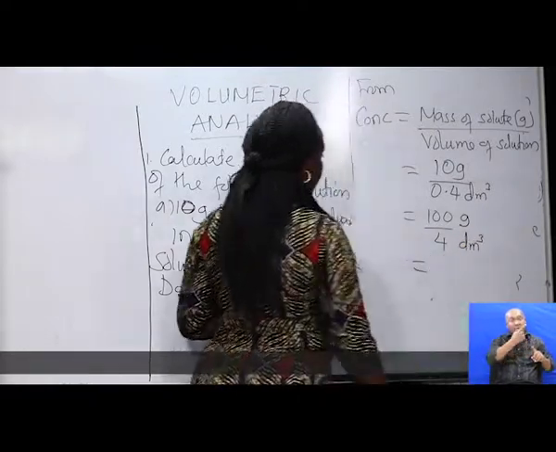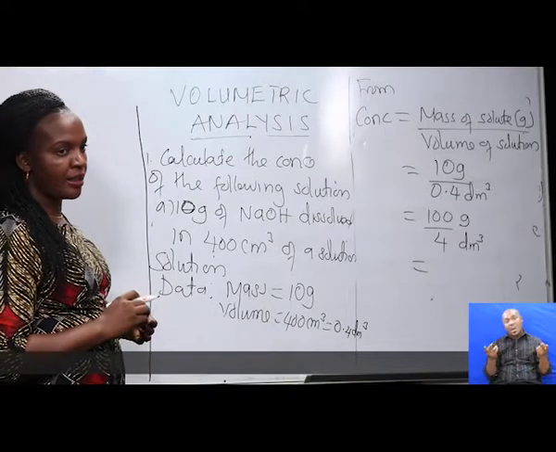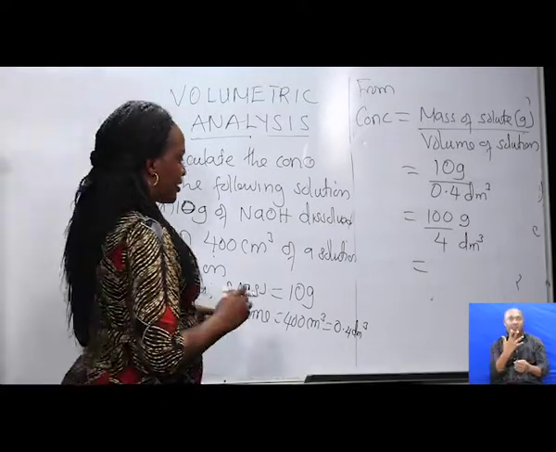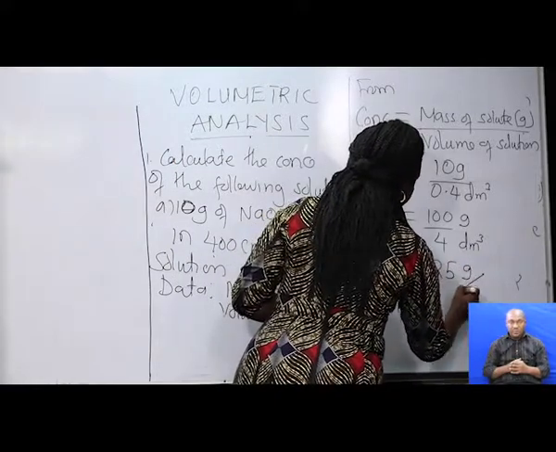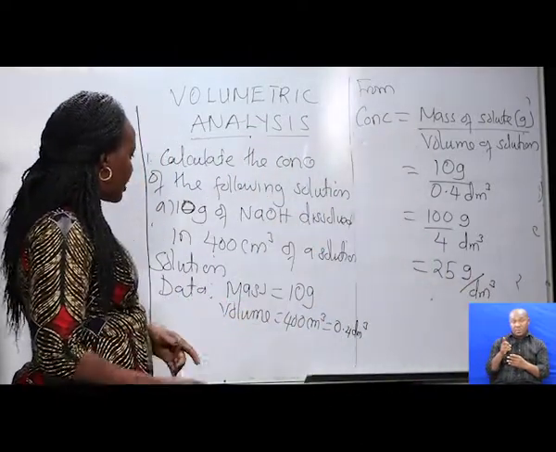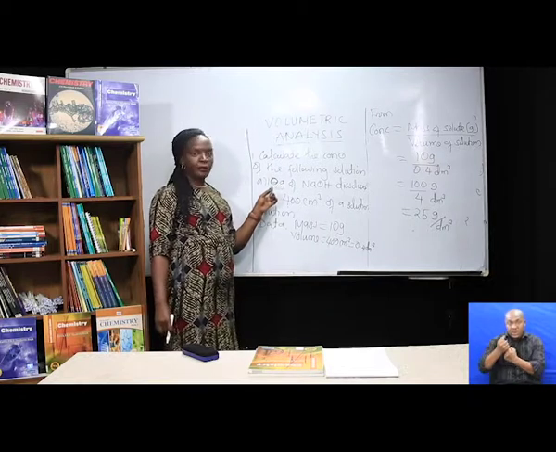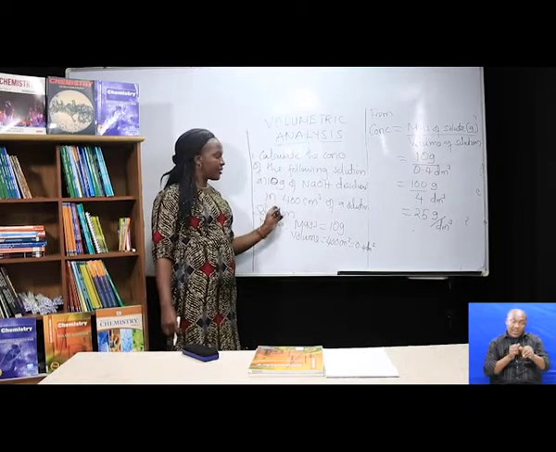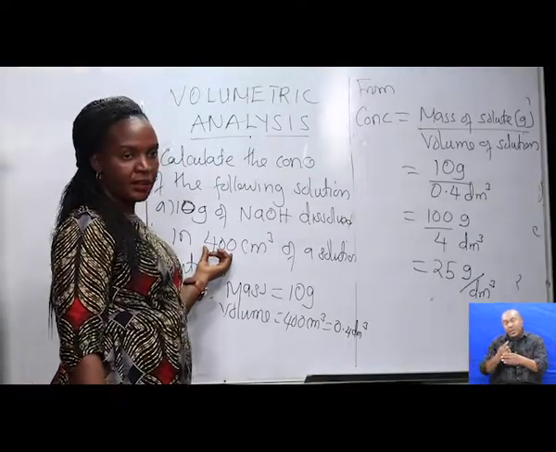And then what is the answer? 100 divided by 4, the answer is 25. This is 25 grams per decimeter cubic. So this is the concentration which is obtained when 10 gram of sodium hydroxide is dissolved in 400 centimeter cubic.